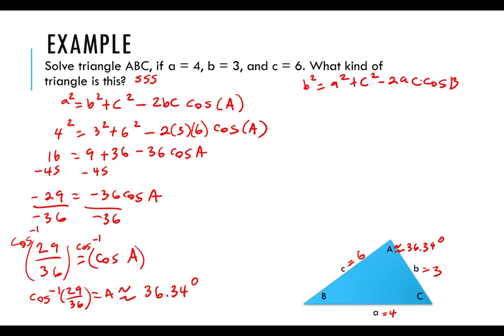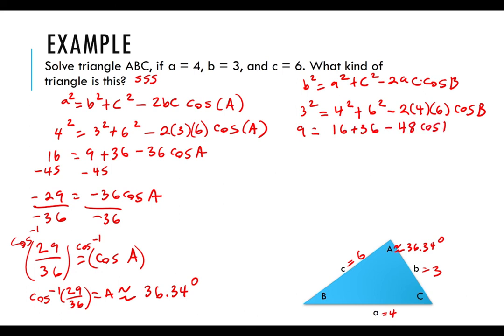And so then, this is side b, which is 3 squared, is equal to 4 squared plus 6 squared minus 2 times 4 times 6 times cosine of b. Then I get 9 is equal to 16 plus 36 minus 48 cosine of b.